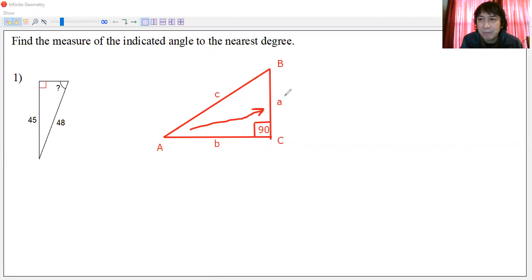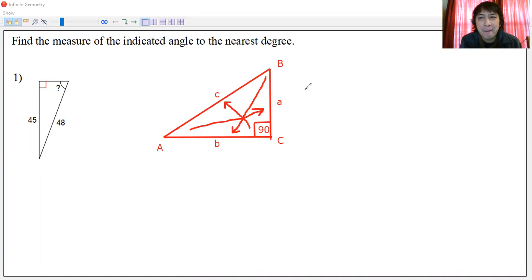Also angle C, which is 90. Opposite the angle 90 is the hypotenuse, the longest side, which is denoted by the small letter c. And of course, the angle B is over here. Opposite side to angle B is the side here, so denoted by the small letter b.